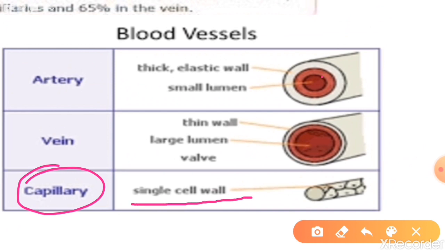Arteries, I told you, have a thick wall, and their wall has muscles also. Veins have a thinner wall which has muscles and an epithelial lining. Whereas the capillary wall is made up of just one layer of simple squamous epithelium. About this you had learned in class 9. So just a single layer of epithelial tissue lines the capillary.